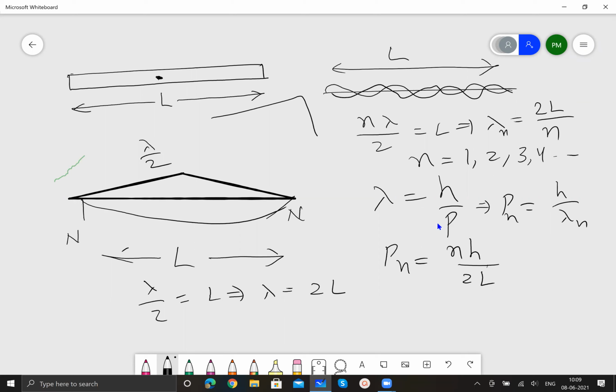Logically, how to remember it? You cannot do all these things in the exam. Therefore, p is equal to h by lambda, and p_n is equal to nh by 2L. Finish. Lambda is 2L. Single step.